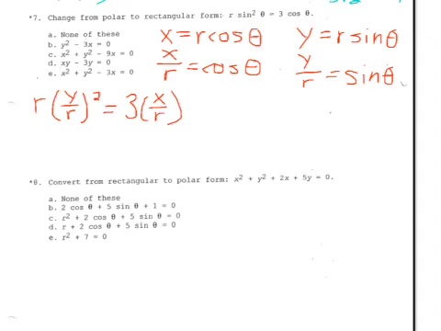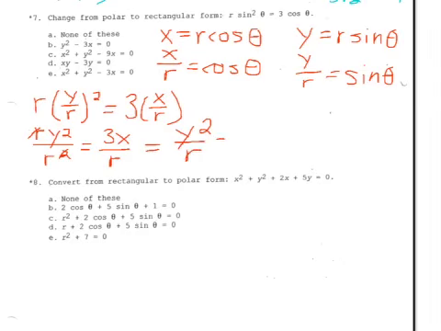So let's see, we have r y squared over r squared equals 3x over r. So it looks like I can cancel this r with one of these r's. So I have y squared over r equals 3x over r.